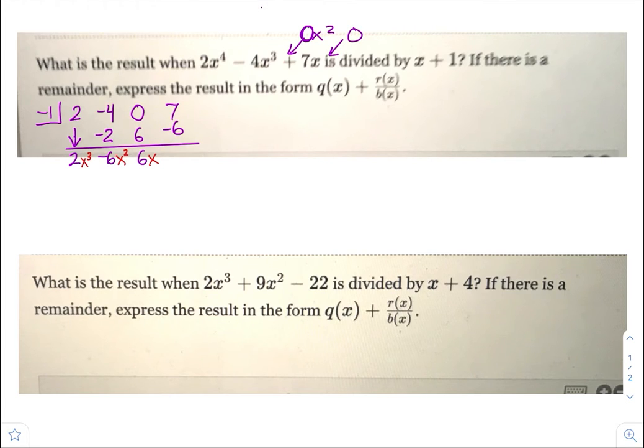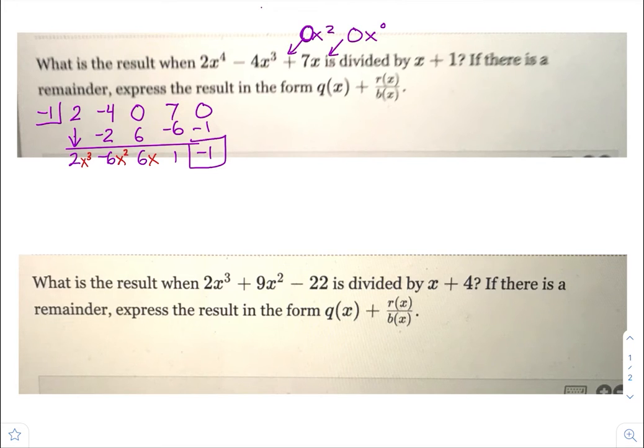So this one should actually be 1, so that's still 1, but then we forgot to add the last 0 for x to the 0 power, right? So 1 times negative 1 will be negative 1, and that's going to give us negative 1 as our remainder.